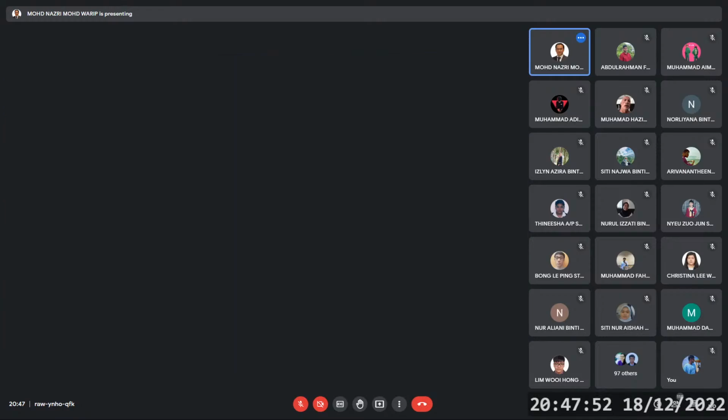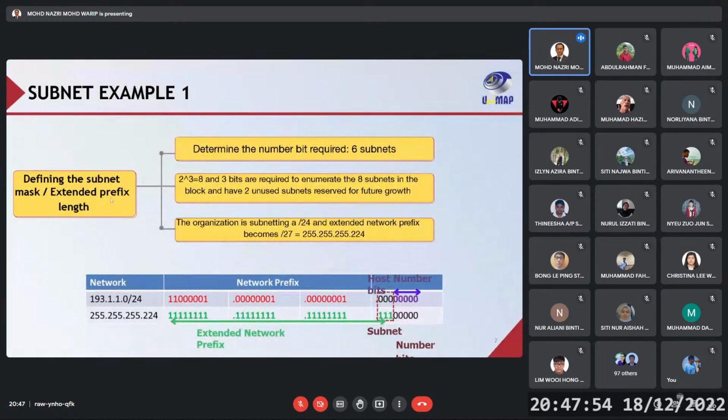Defining the subnet mask and extended prefix length. You need the requirement just now. The question is to determine the number of bits required. 6 subnets means you require 6 branches.